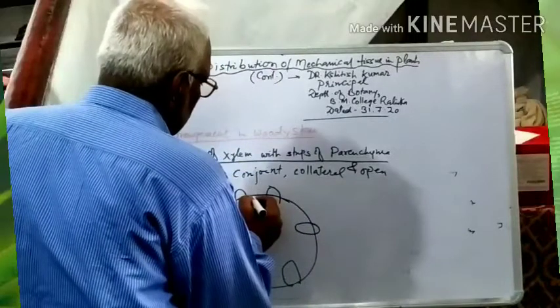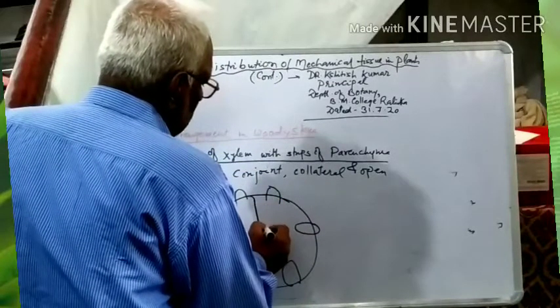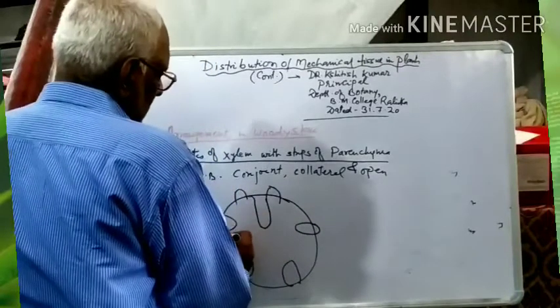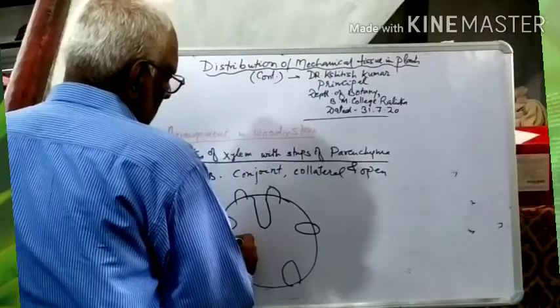Here the cambium ring starts to cut patches of phloem, just inserting the ground tissue.